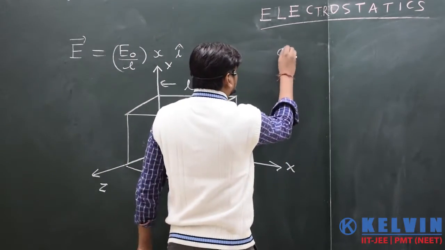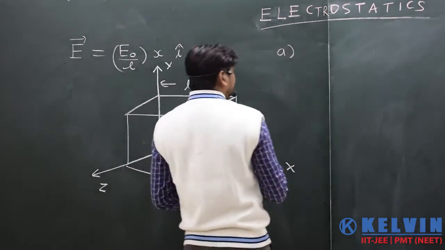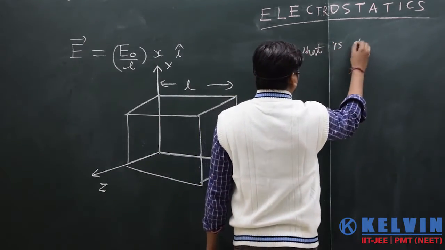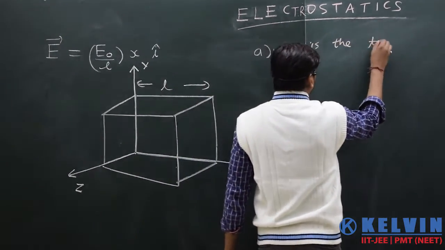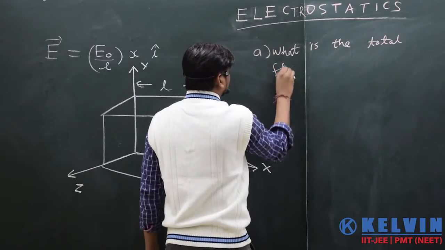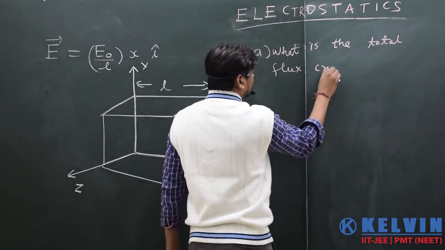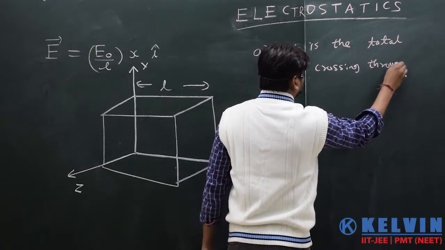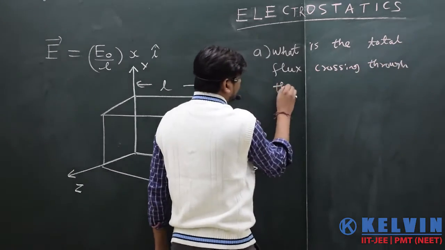The A part of the question is, what is the total flux crossing through the cube?